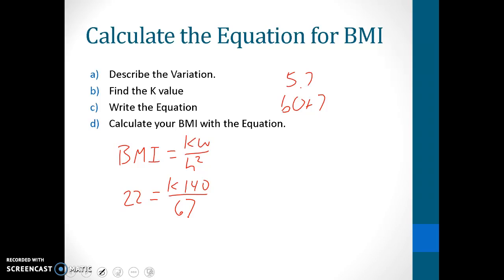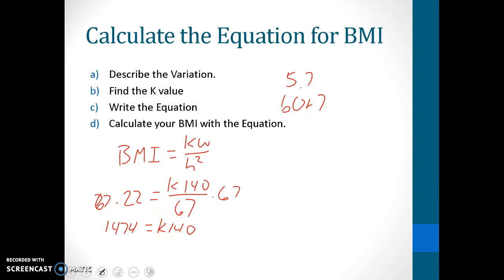And so now what we're going to do is figure out what the specific k value is. And so I'm going to take the 22 and multiply it times 67. So 22 times 67 is 1,474. That equals k times 140.